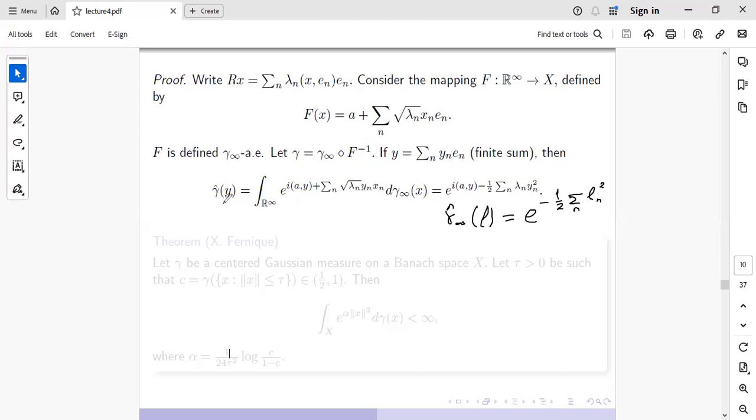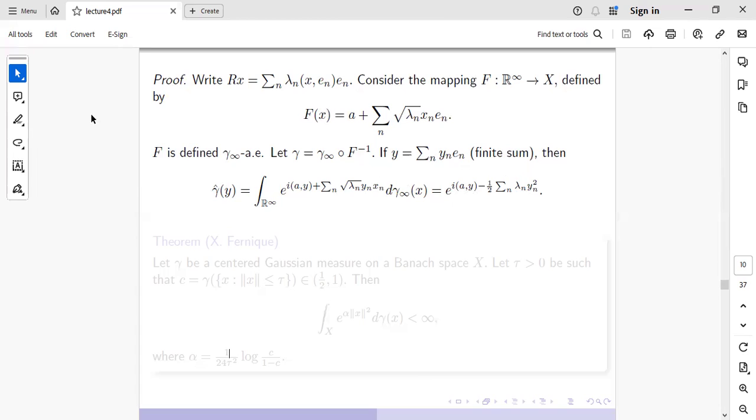So now if we compute the Fourier transform of gamma, let's say for a finite linear combination of En, we will get such integral, and then we find that this integral is indeed exponent iay minus 1/2 sum of lambda n yn squared. But this sum, this is exactly ryy. So we obtained the needed Gaussian measure.